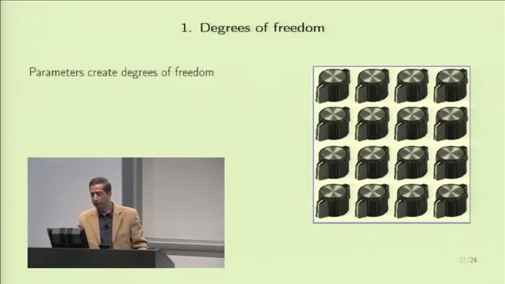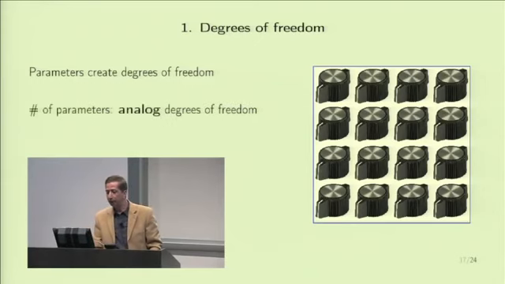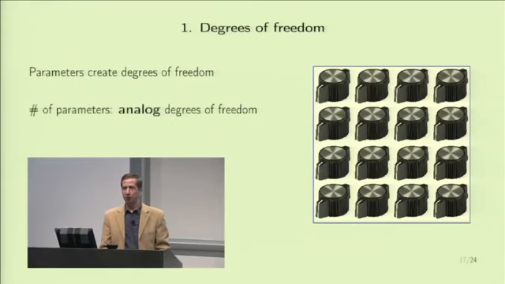Now, the parameters happen to be analog degrees of freedom. When I talk about W0, W0 can assume a continuous value from R, and it matters. If you pick a different threshold, you will get a different perceptron. It will return different values for parts of the space. So this is genuinely degrees of freedom that happen to be analog.